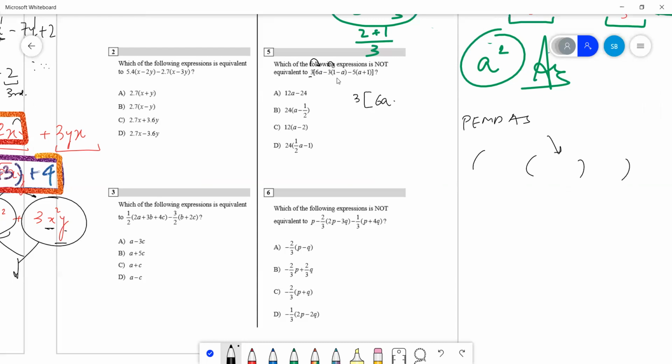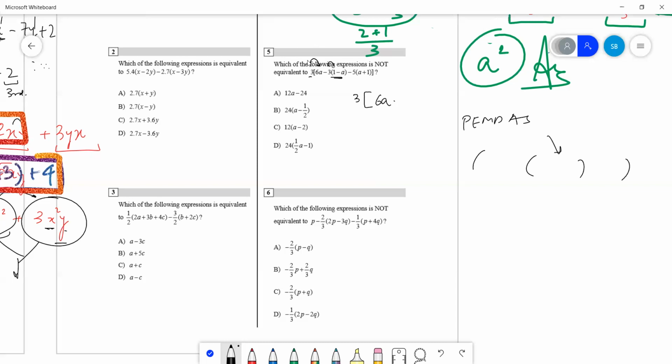Right. So there's a parenthesis, there's a bracket, and inside the big brackets there are inner brackets and parentheses, 1 minus a and a plus 1. So we have to solve them first, isn't it? Yes. So that's why we'll solve inside as compared to solving them outside.